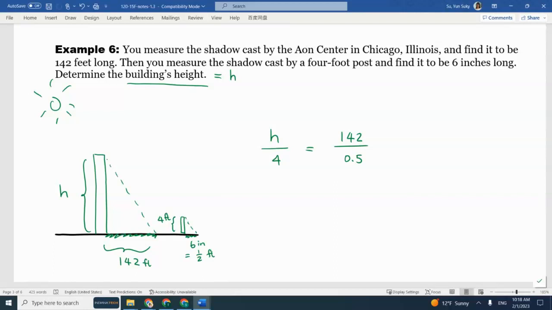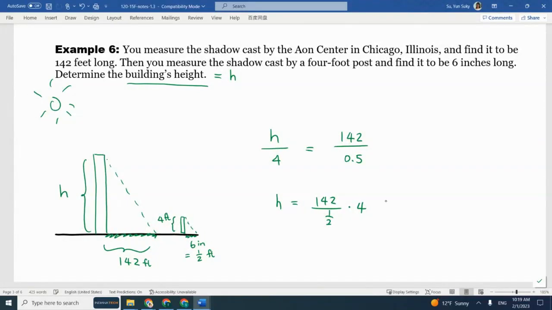Okay, so any questions about this setup? All good? Yes, similar triangles. Right. Okay. Now, how do we do it? We want to find h. So you see the 4 here? Both sides multiply by 4 to cancel the 4. Then we have h equals 142.5 times 4. We multiply by 4 on both sides. By the way, maybe it's better to put 1/2.